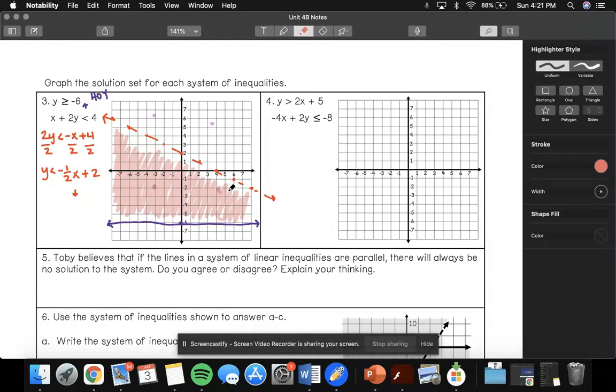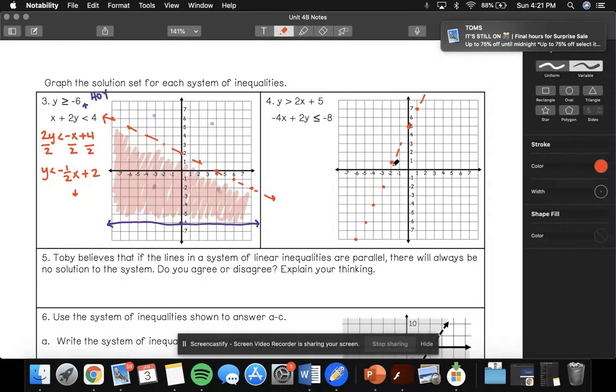All right, last one. For this one, y is greater than 2x plus 5. Start at 2, go up 2 over 1. It is going to be a dashed line.